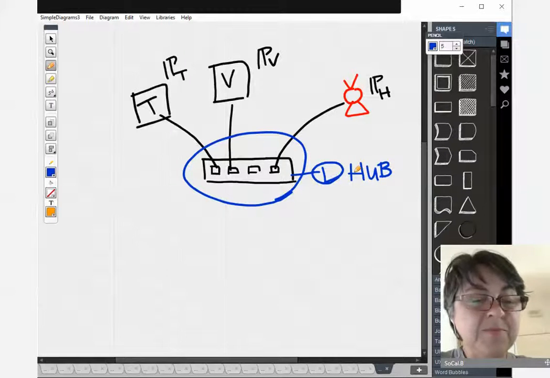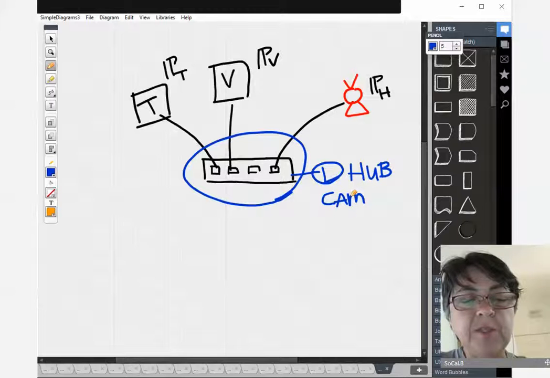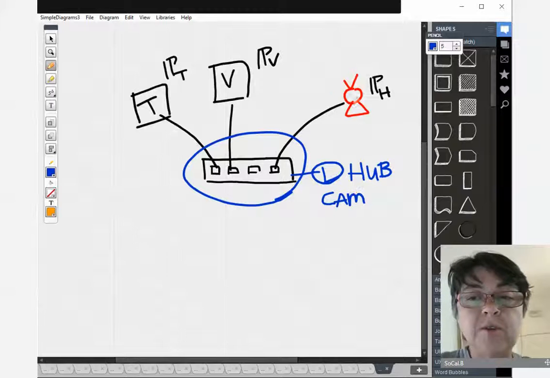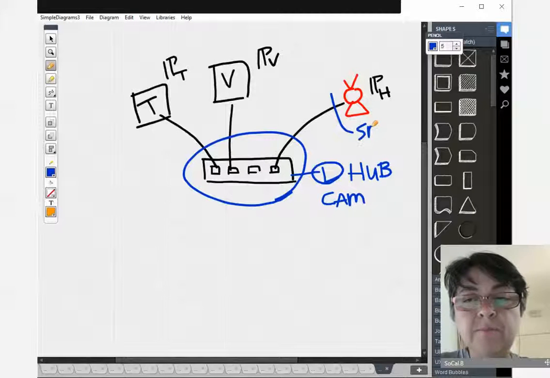So now you know. I've mentioned this before. Remember the CAM table? Content addressable memory table. Overflow it, make it into a hub. So now everything flows out of everywhere. Make sure you have the sniffer on.